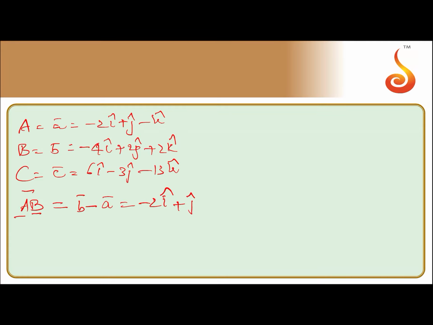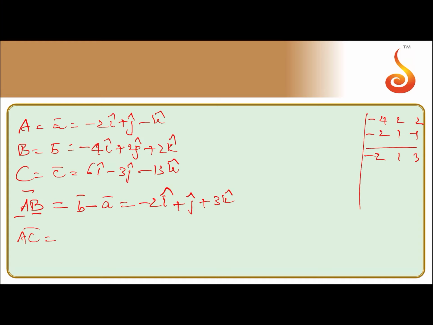And 2 minus minus 1 gives plus 3k cap. I hope you'll be getting minus 2i plus j plus 3k. And let me consider the AC vector.